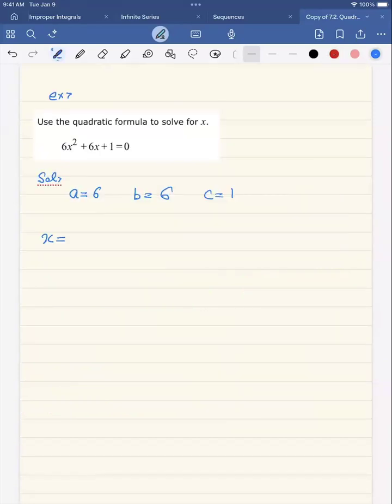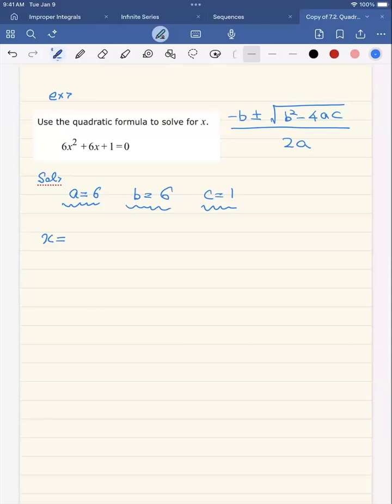In this problem, we want to use the quadratic formula to solve for x. The given quadratic equation is 6x squared plus 6x plus 1. A equals 6, b equals 6, and c equals 1. The formula was minus b plus or minus square root of b squared minus 4ac over 2a.